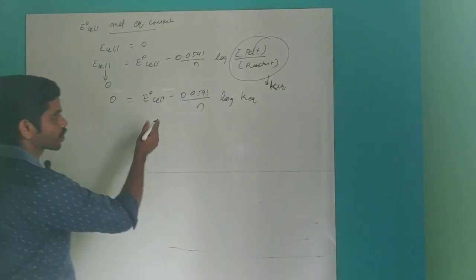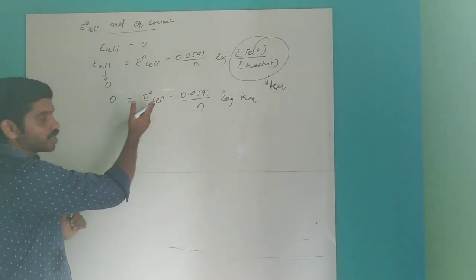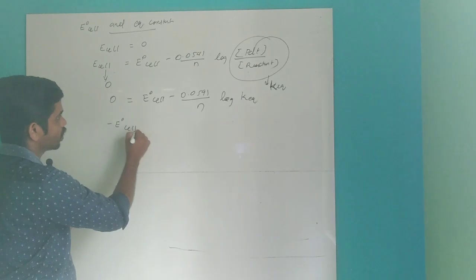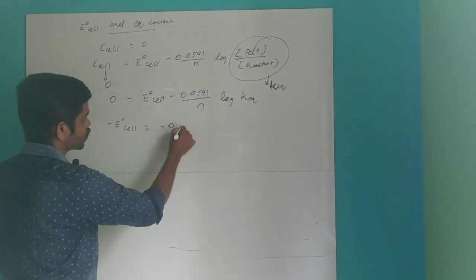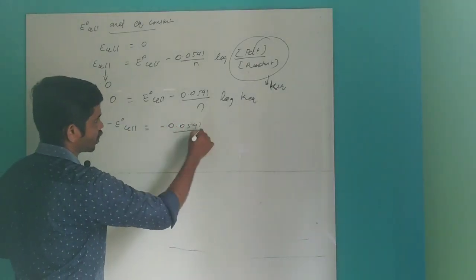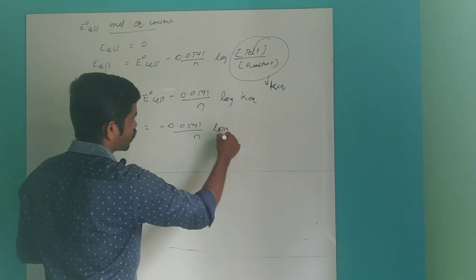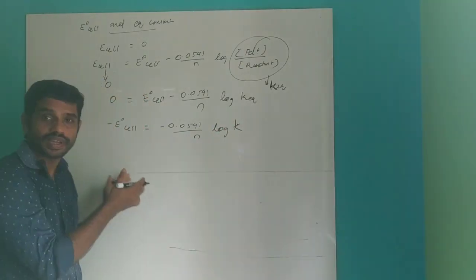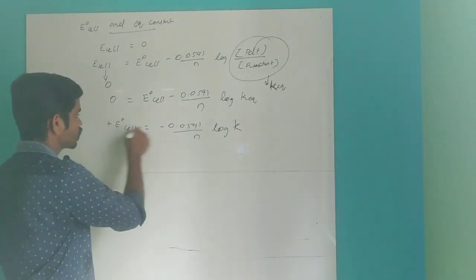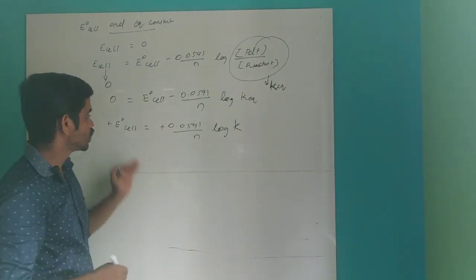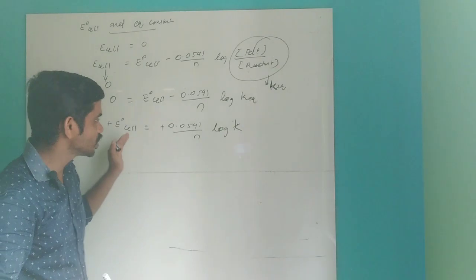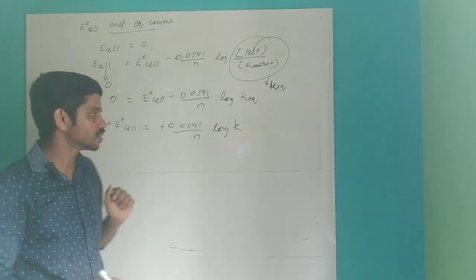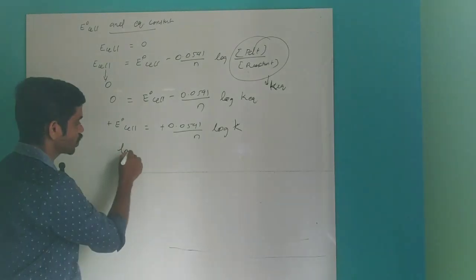Now take this E0 cell to this side. So minus E0 cell is equal to minus 0.0591 by n log K. Both sides have minus, so you can cancel them out. So this is our equation: E0 cell is equal to 0.0591 by n log K. How will you find log K?